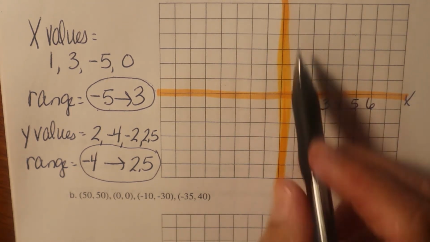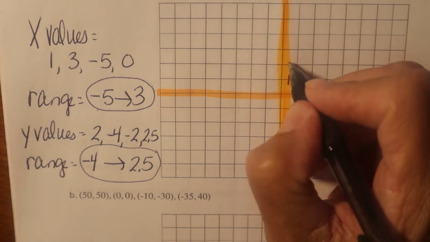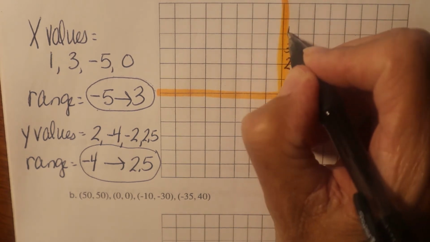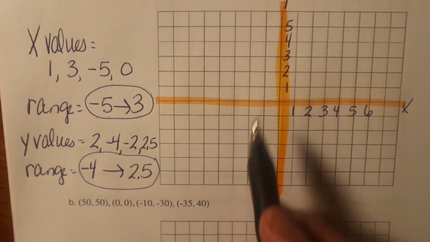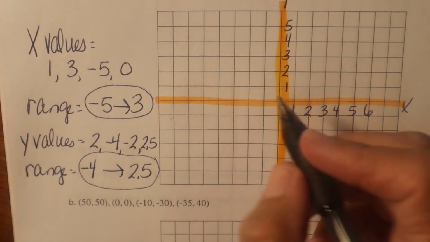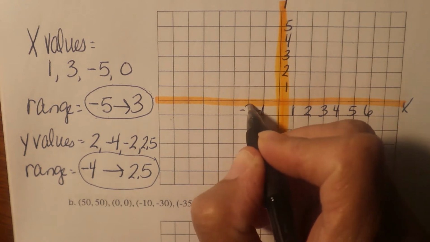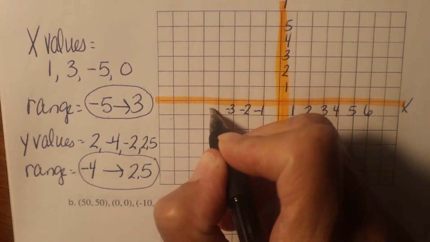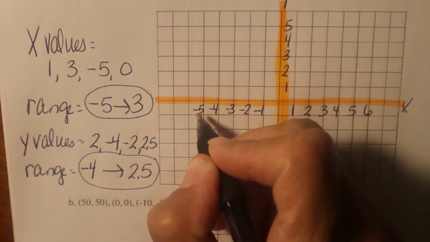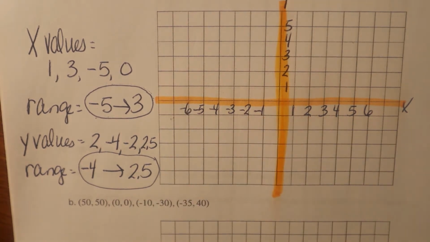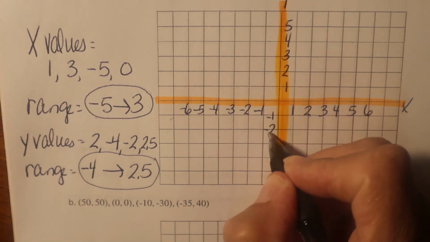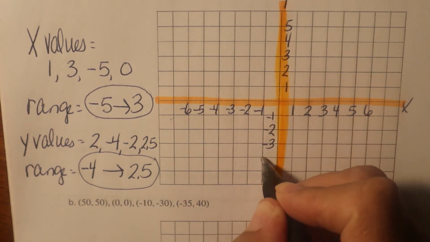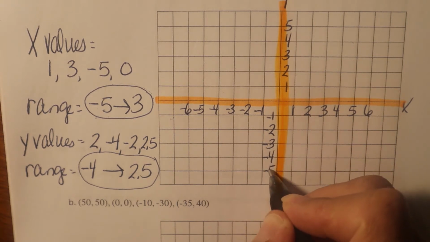These are positives. Going up the y-axis, 1, 2, 3, 4, 5. Those are also positive numbers. Now moving over here, these are going to be negative numbers. So -1, -2, -3, -4, -5, -6. And coming down, these are also going to be my negative y's. -1, -2, -3, -4, -5.